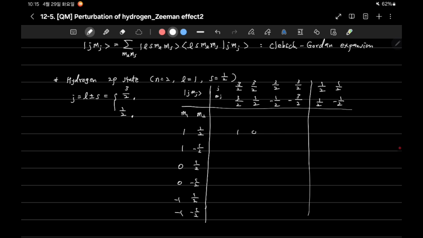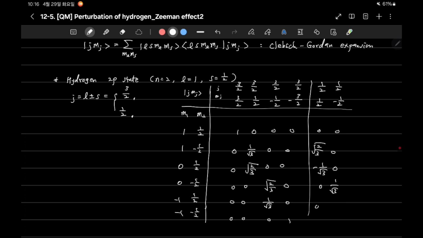In this case the coefficients are 1, 0, 0, 0, and 0, 0. Then 0, 1 over square root 3, 1 over square root 3, and 0, 0, square root 2/3, 0, and 0, square root 2/3, 0, 0, minus 1 over square root 3, and 0, and 0, 0, square root 2/3, 0, 0, 0, 1 over square root 3, 0, 0, 0, 0, 1, and 0, 1 over square root 3, 0, minus square root 2/3, 0, 0.